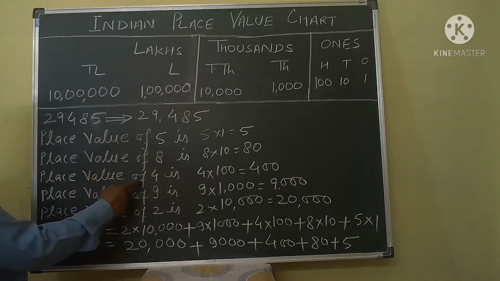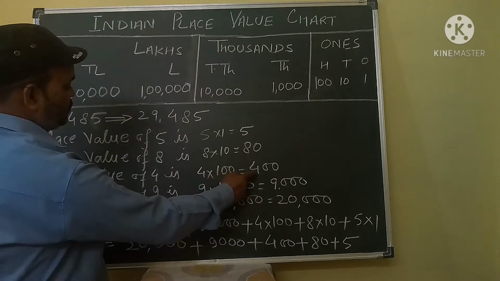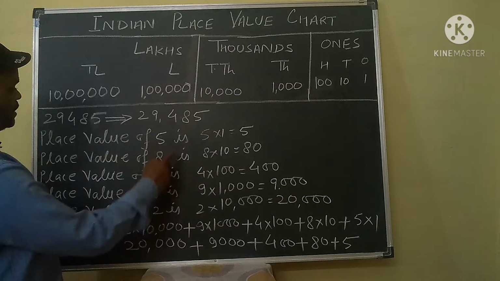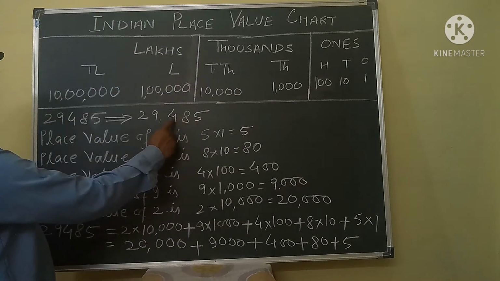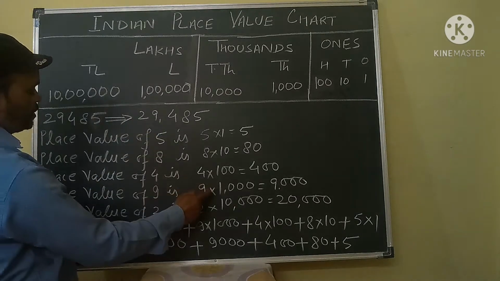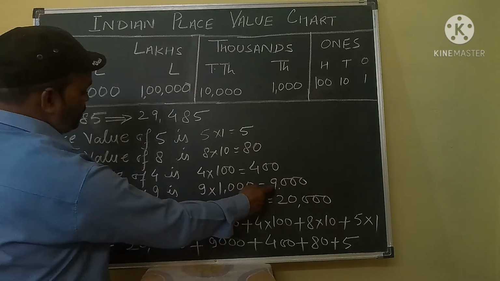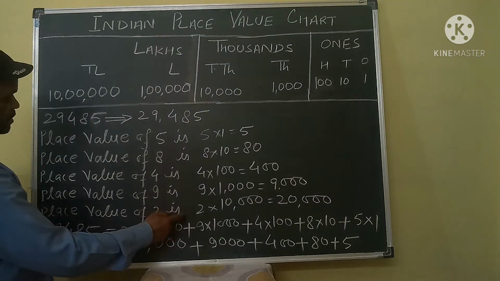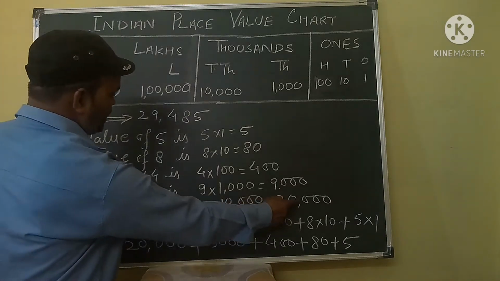Place value of 4 is 4 into 100, it will give you 400. Place value of 9 is in thousand place: ones, tens, hundred, thousand. So 9 into thousand will give you 9,000. Place value of 2 is 2 into 10,000, it will give you 20,000.